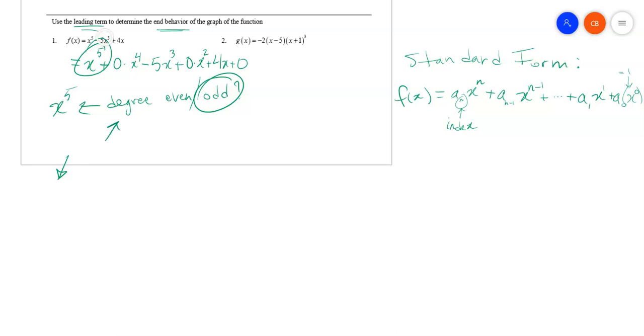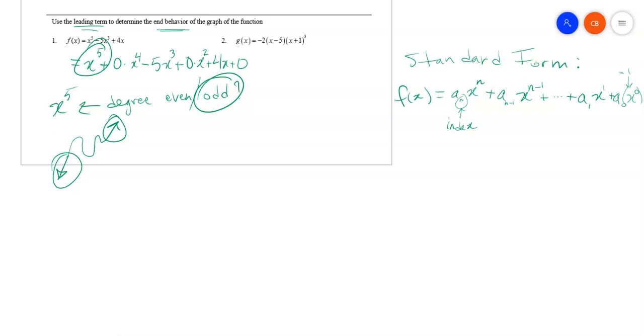And all of these other terms, they will accomplish something in the graph of this. A lot of times those terms will cause it to have some kinds of wavy behavior or something like that. That's possible. It will also cause a shifting. If you think about what kinds of transformations we've seen before, these other terms can affect some type of shift in the graph. But of course for end behavior, we only care about what's happening on these very ends over here. We don't care about the middle at this moment.